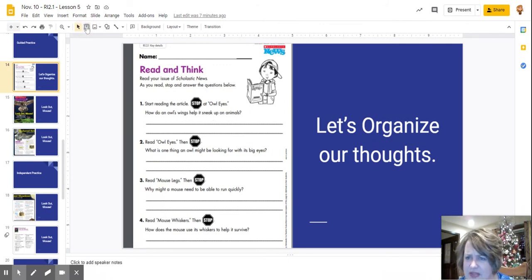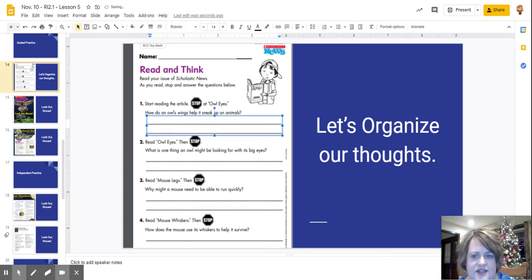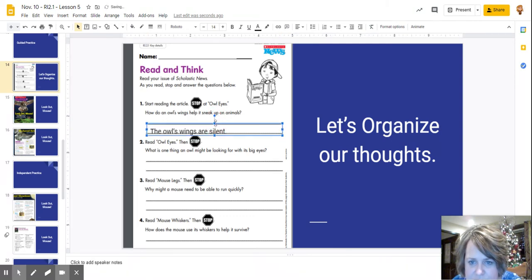So let's think about that for a minute. In the passage, it said that its wings are what? Its wings are silent. The owl's wings are silent. That is how it can sneak up on whatever animal it's trying to get.